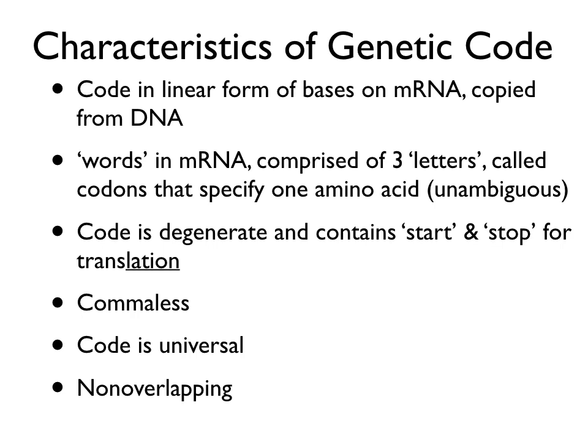The code is also said to be degenerate, which we'll talk about in a moment, and it contains start and stop points, okay? So when an RNA molecule is produced, it has this genetic information in 3-letter words that tells our cells how to make a specific protein.